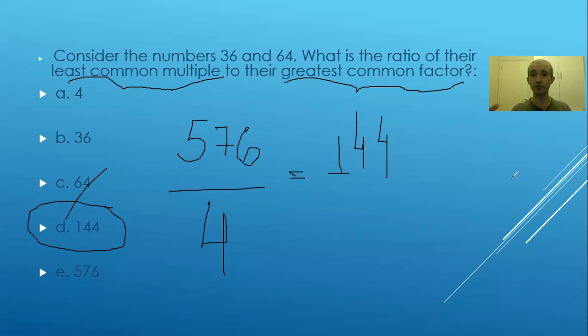You can do both at the same time by doing a lot of divisions, and you get just a few factors that divide both at the same time, and you multiply and you get the greatest common factor. And if we multiply all factors, you get the least common multiple.